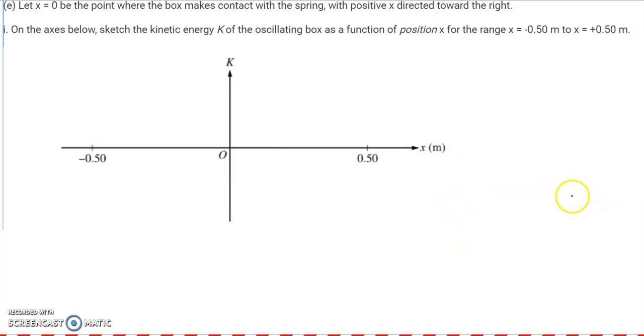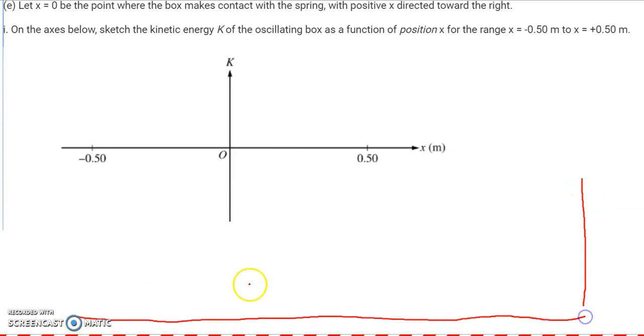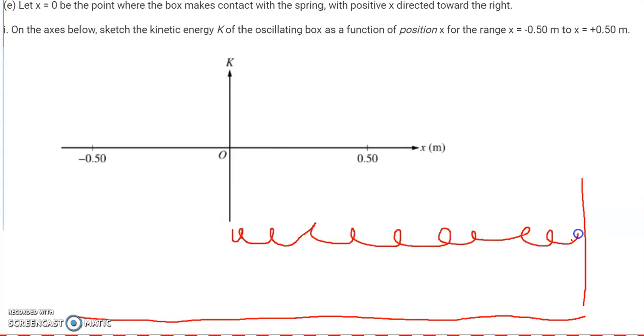So here's the wall, here's the floor. Here is the spring. The box is coming in and it hits the spring right here. And then the box pushes the spring in so that the spring is compressed.